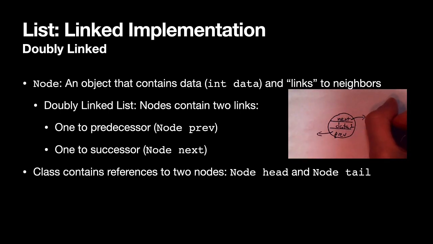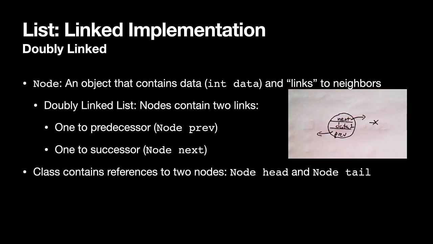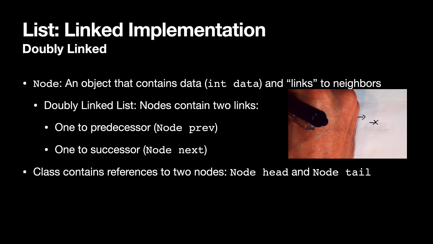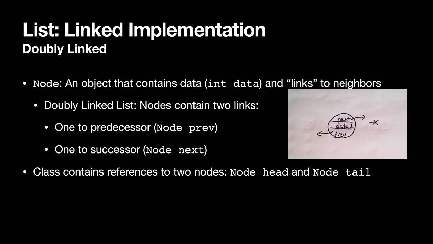In that case, I'll draw arrows with a little X on the end to indicate that it's a dead end, that it doesn't go anywhere. Okay, we also need to keep track of the head and tail of our overall list. So I will use a little variable for that. I'll use head towards the left of my diagram and tail towards the right of my diagram.